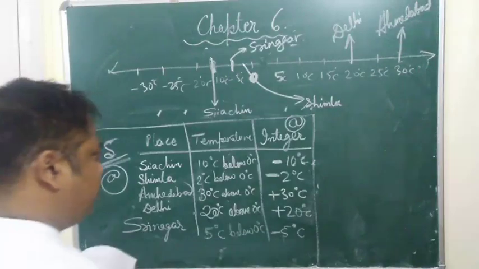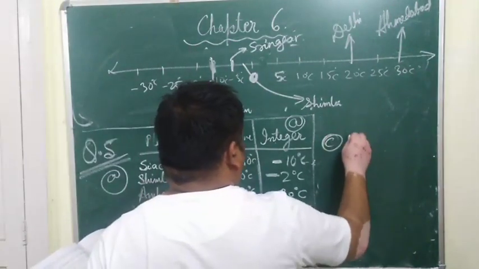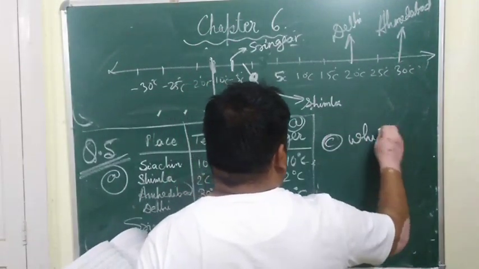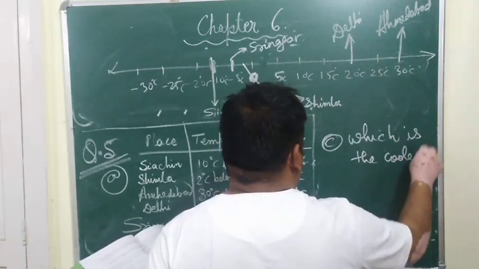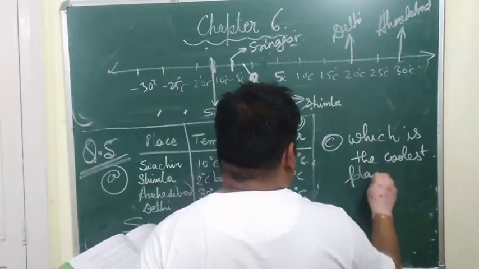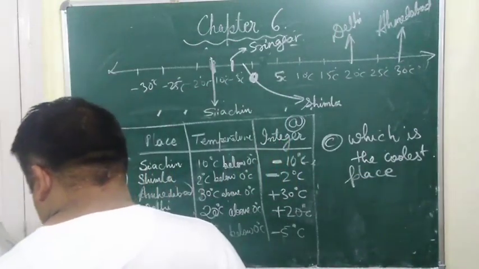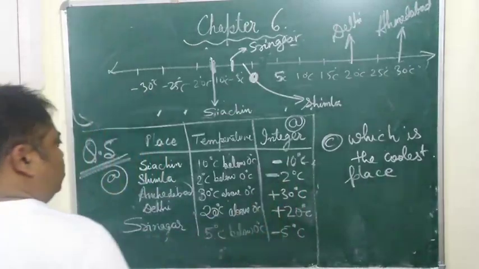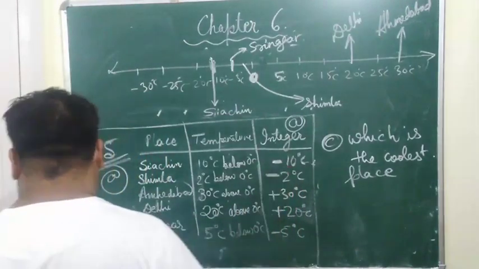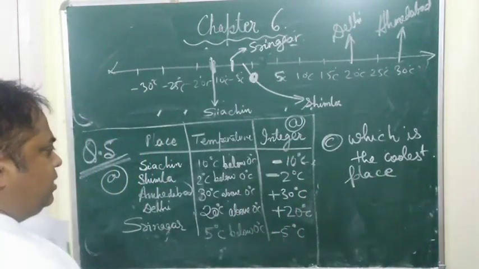Now question number C. Which is the coolest place? Coolest place will be minus 2 or minus 10. Minus 10 is the least temperature.